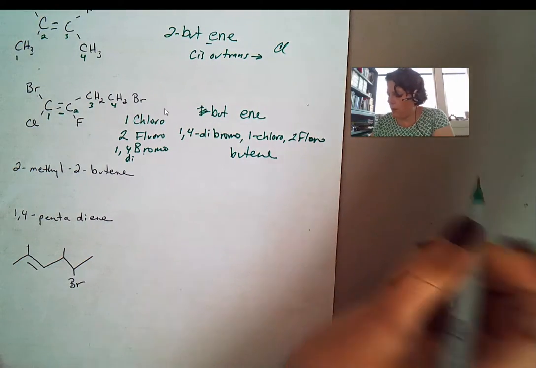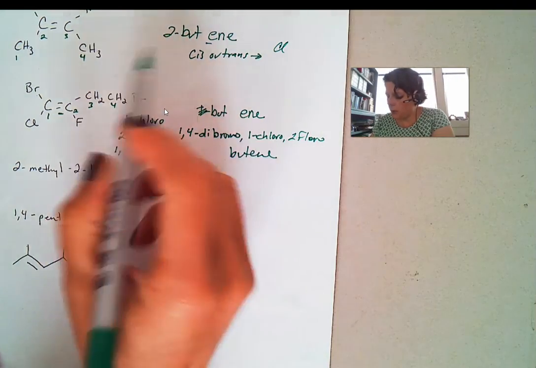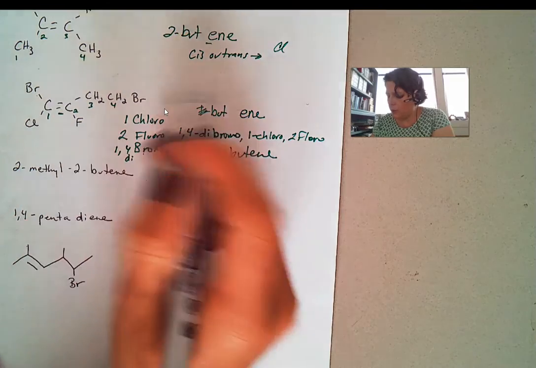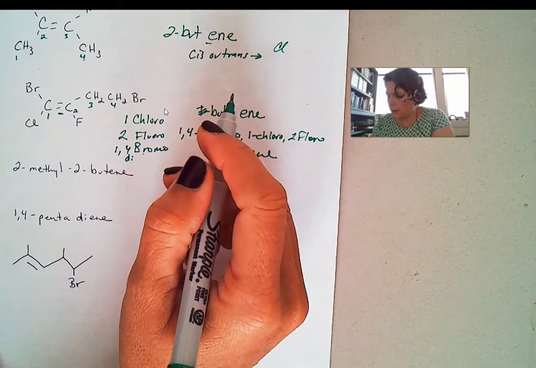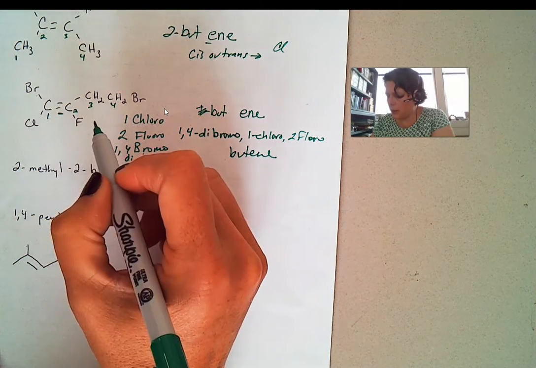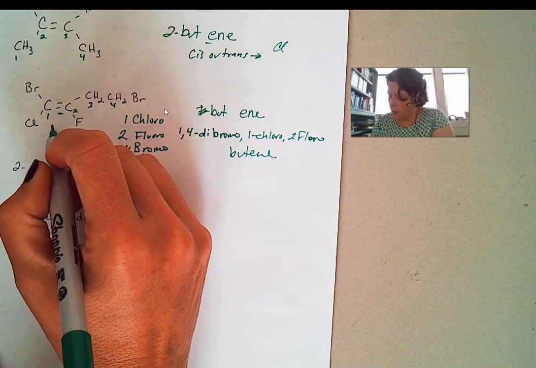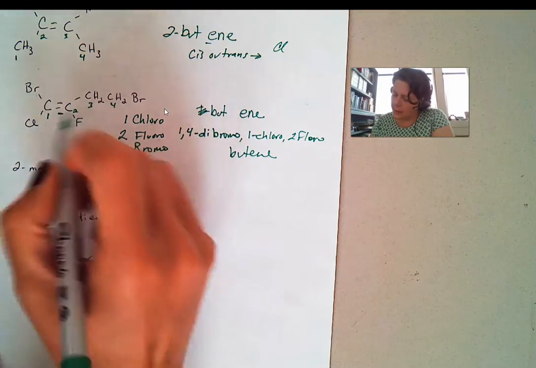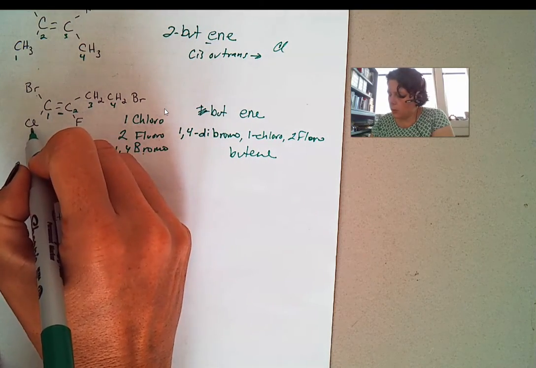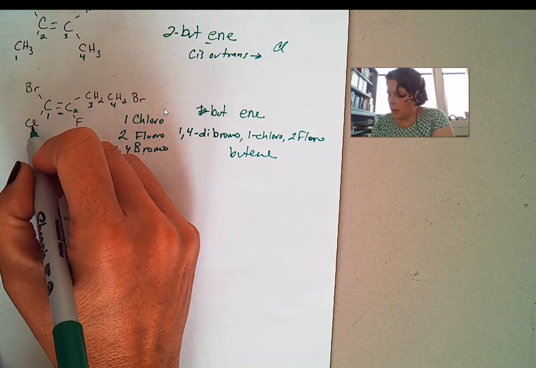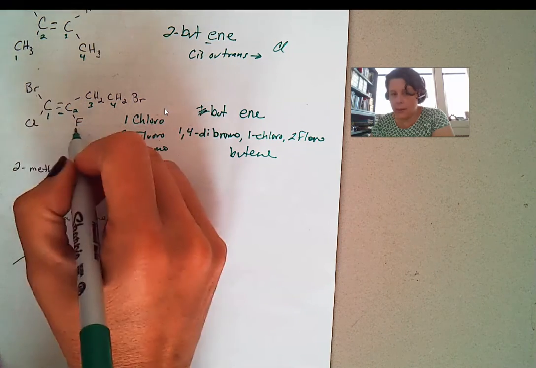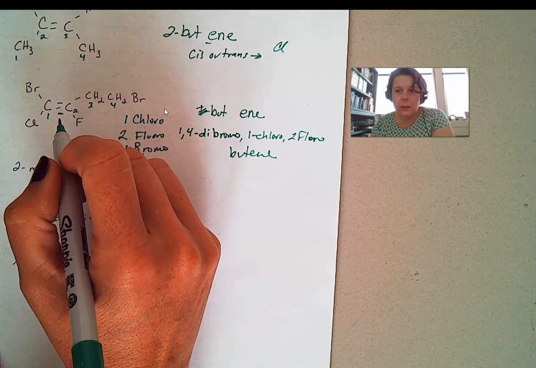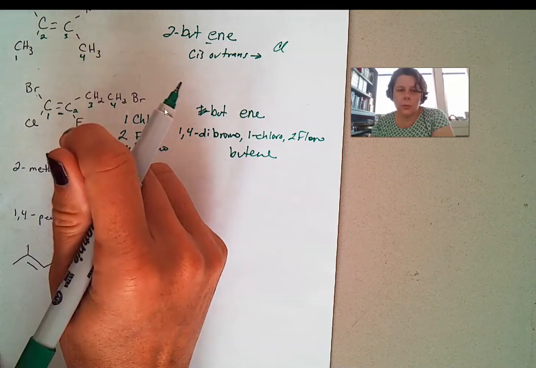Okay? So with this particular one, again, there is no need for cis or trans because there is no other way these can go on here. Well, I guess I'm trying to think. So if I had this chloro and this fluoro group, would they be on the same side or different sides? Would it matter in the way that the structure was in here?